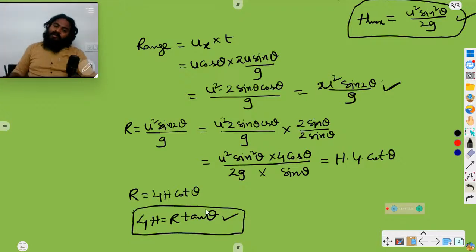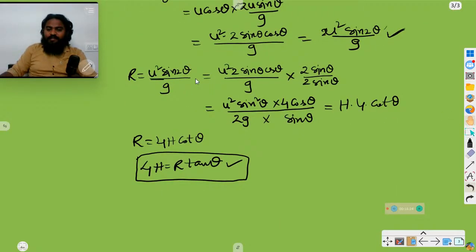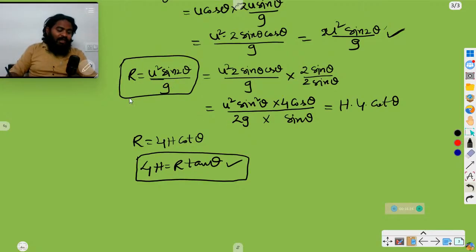And one more thing, based on this many times they have asked questions. For the range, one more important point that you have to remember is the range is maximum for the angle 45 degrees. From this formula, the range is u square sin 2 theta by g. The entire value can be maximum when the sin 2 theta value is maximum.